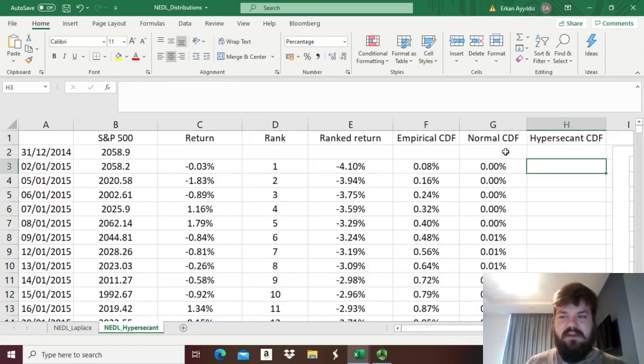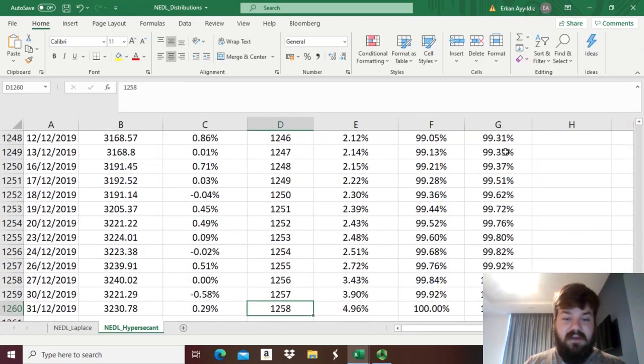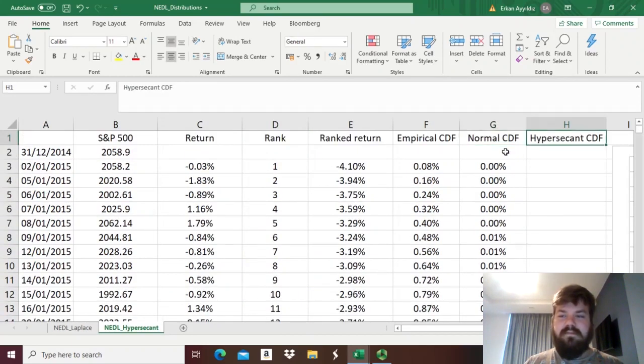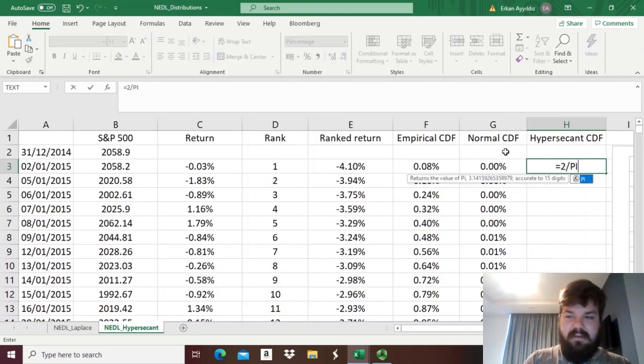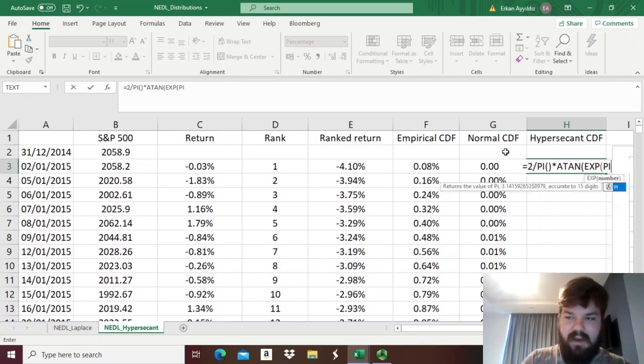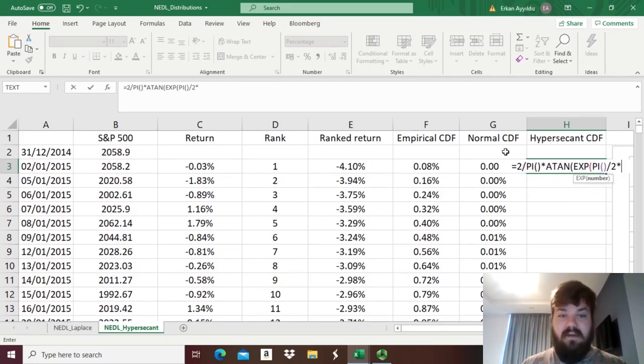What about the hypersecant cumulative distribution function? Well, for that, we'll just need to convert this formula into the Excel language. So, 2 over pi, and to get pi in Excel, you just need to type in PI and then empty parentheses. 2 over pi times the arctangent, so ATAN, of the exponent of pi divided by 2 times the scaled rank return.